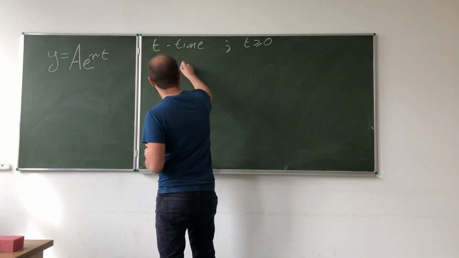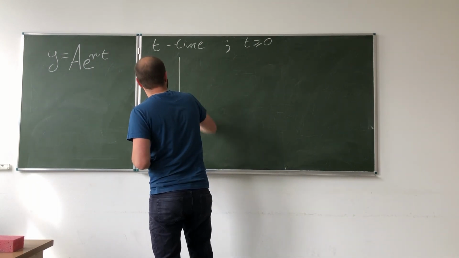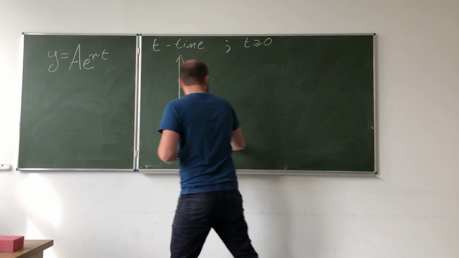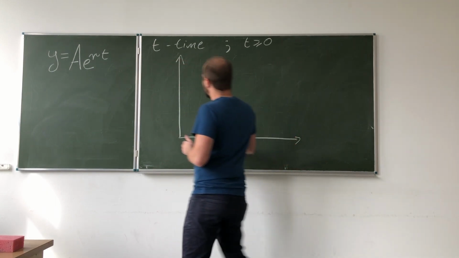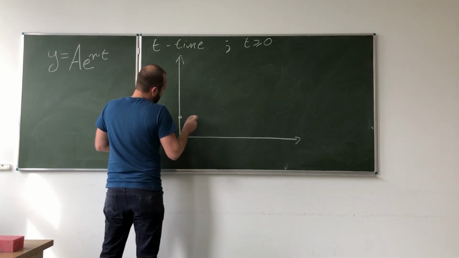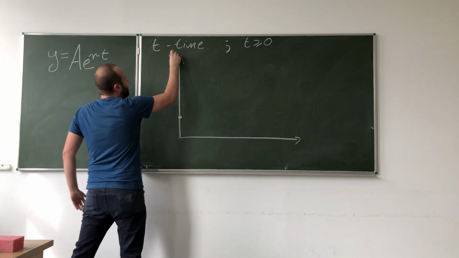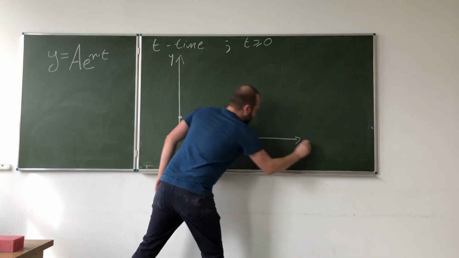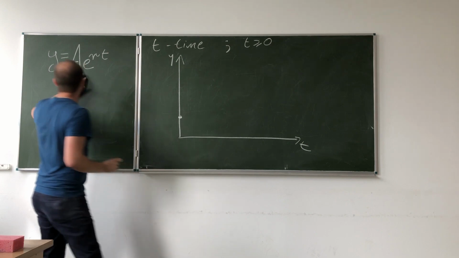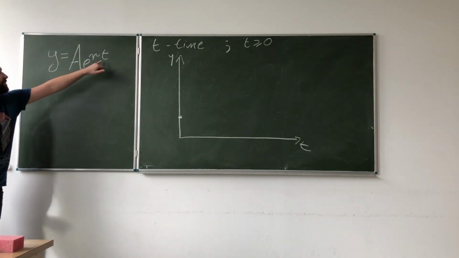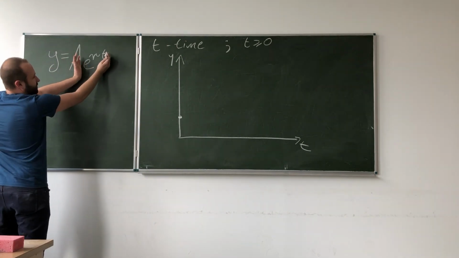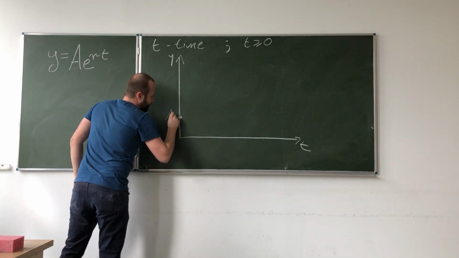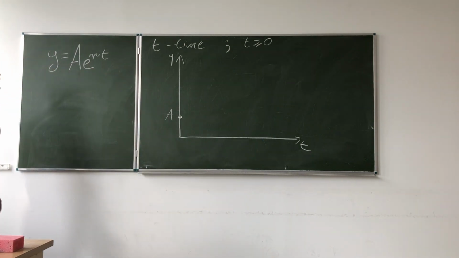But look, in our case, this point is actually the beginning. Now we have time here, and how would we write this? Look, if t is 0, this is 1, right? Which means that this is what we've got at the beginning.